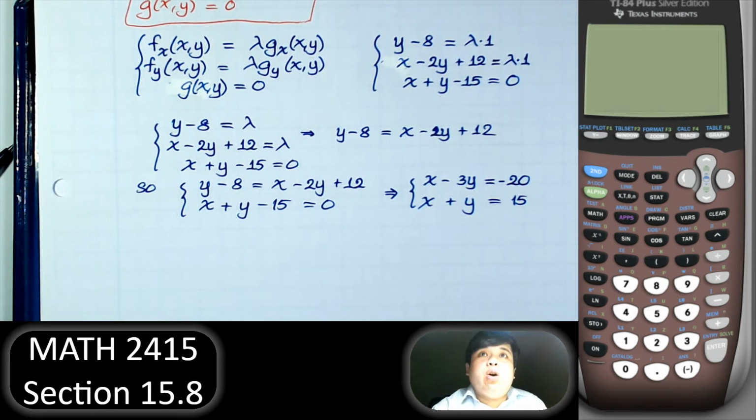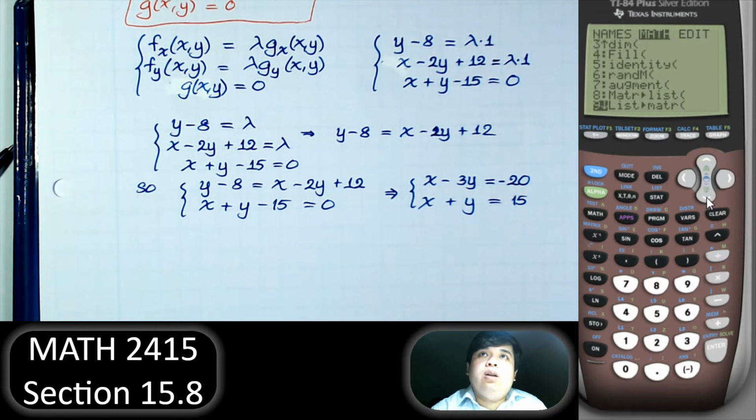Right. I think I showed you how to use the matrix to solve the system of equations. Second matrix, turn it on. Second matrix, go to math and go to reduce row echelon form and hit alpha zoom.